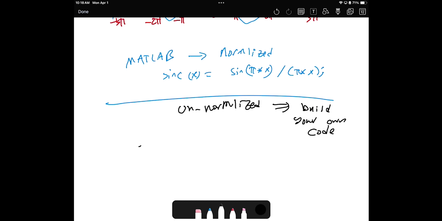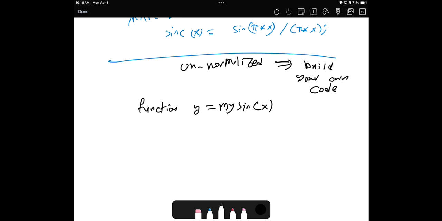So basically, we will say function y, here I'm defining the function, equal to, I can call it my sinc, which is my own sinc, and the input is x. So we will say, if x equal to 0, you know this, then y will be 1, to make sure we avoid 0 over 0.